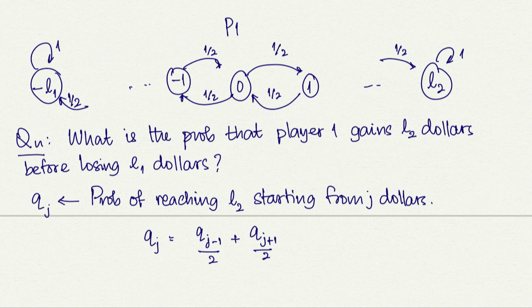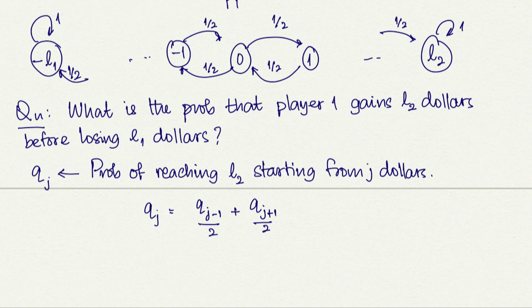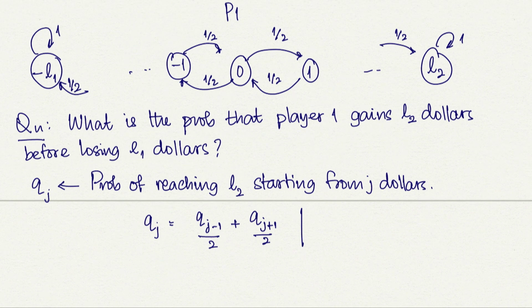The probability of winning is the probability of going to L2. Suppose my j is 0. With half probability I go to state minus 1, and with half probability I go to state 1.